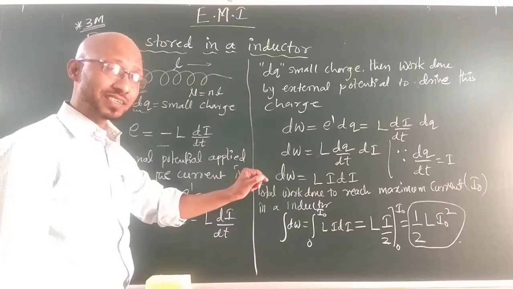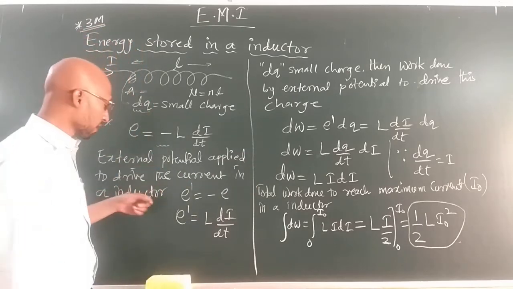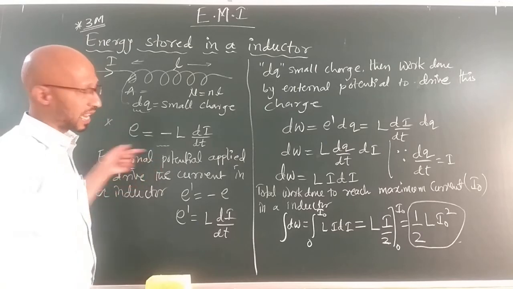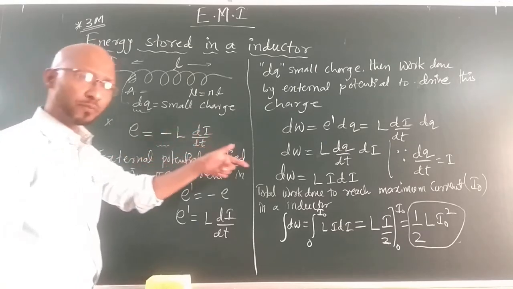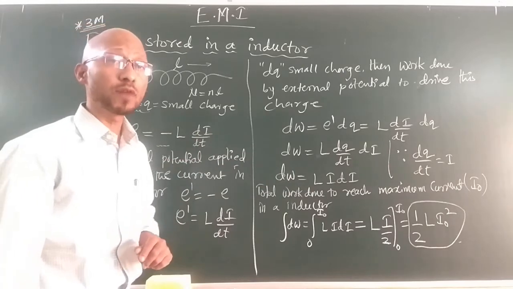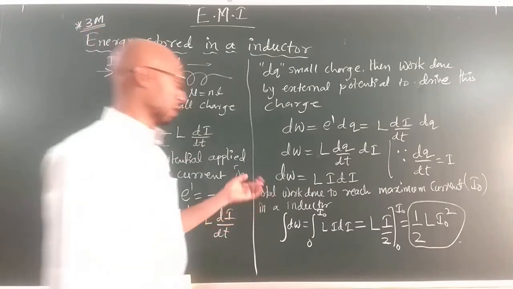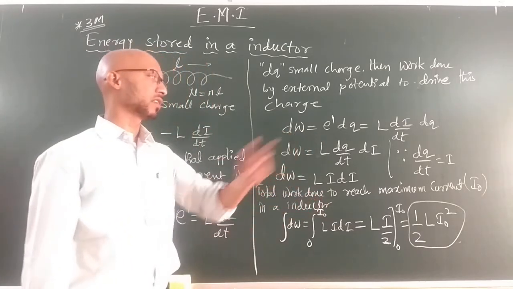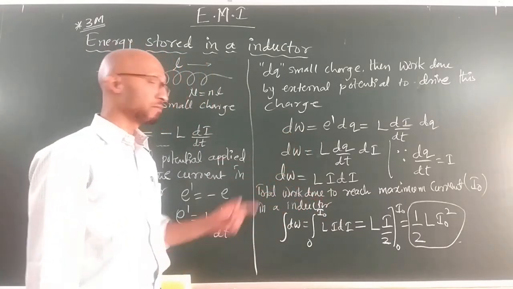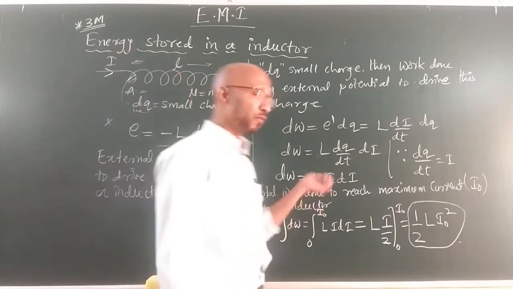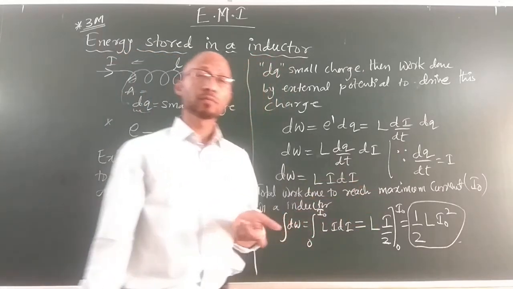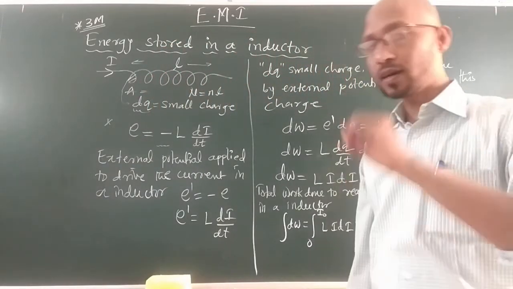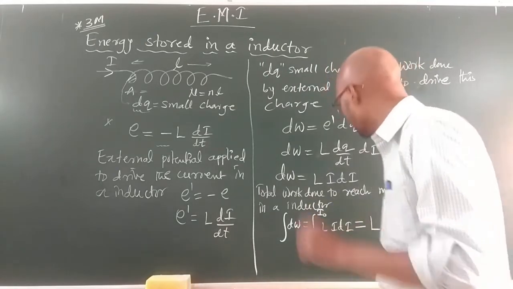Now this is called external energy. Whatever external potential energy I am applying has to be stored in the form of magnetic energy. Whatever amount of work I am doing here to reach the maximum current in the inductor will be stored in the form of magnetic potential energy in the inductor.